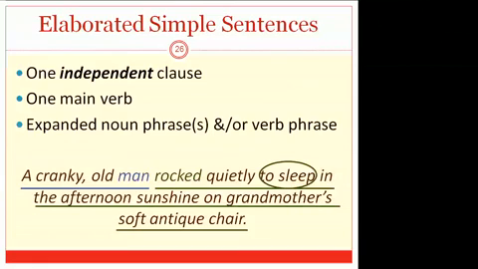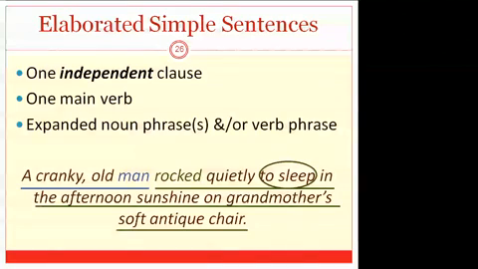Rocked to sleep is our verb complex. Within this predicate, this verb phrase, we have, in addition to that verb complex, an adverb, quietly, that tells us how the rocking happened. And we have two additional prepositional phrases that give us more information.